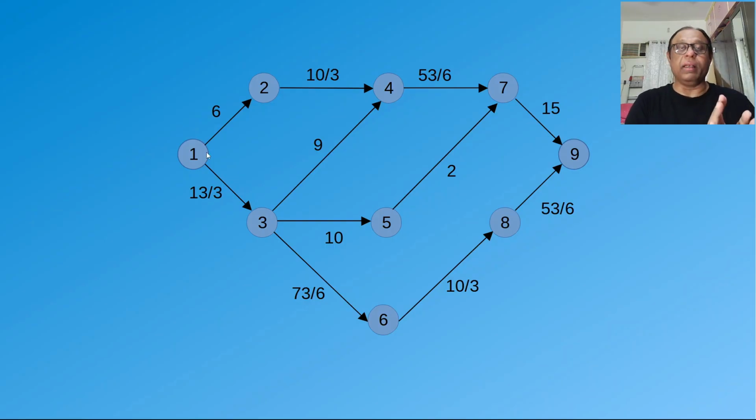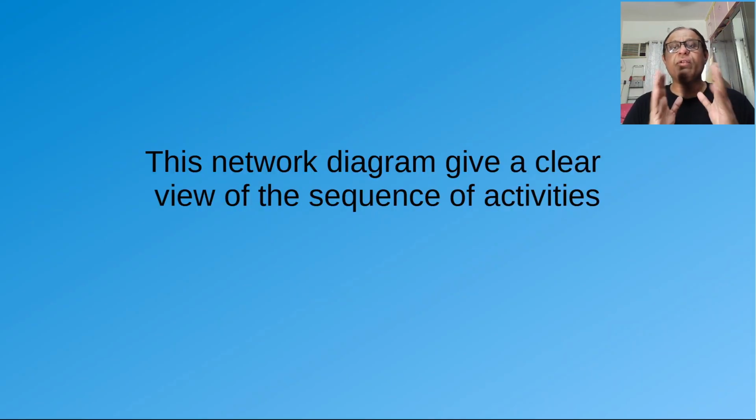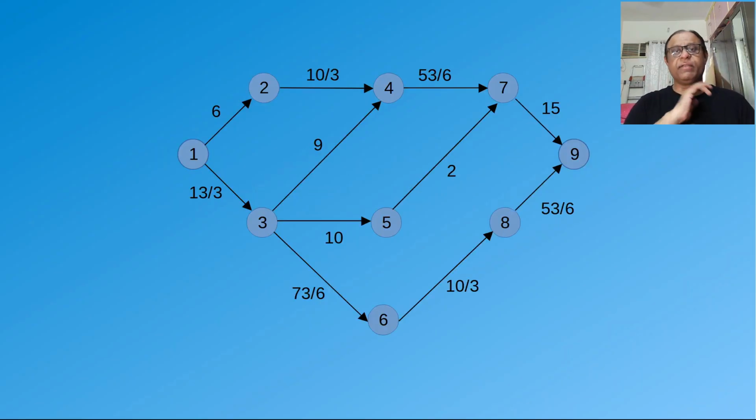Circle 1 is node 1 and circle 2 is node 2. When you want to go from node 1 to node 2, the activity is 1, 2. If you want to go from node 1 to node 3, the activity is 1, 3. This network diagram gives you a clear view of the sequence of activities.